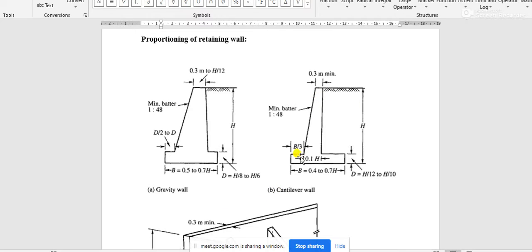In this case, when the backfill soil is on this side, these clockwise moments are resisting moments, and anti-clockwise moments are overturning moments. These anti-clockwise moments are the cause of the overturning phenomenon, and the clockwise moment in this case is the resisting moment.